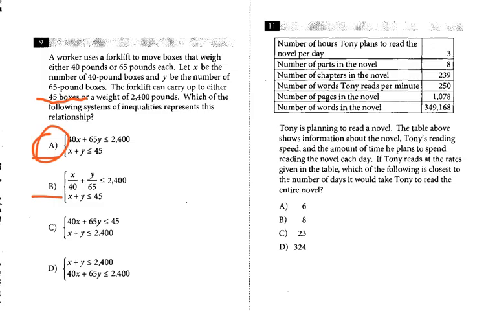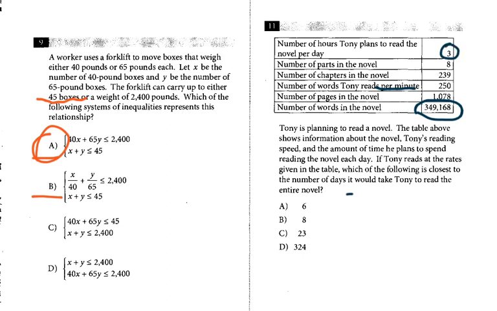So for number 11, we are interested in how many days it takes Tony to read the entire novel. We know the number of words in the novel, and for each minute Tony will read 250 words, and each day is 3 hours.